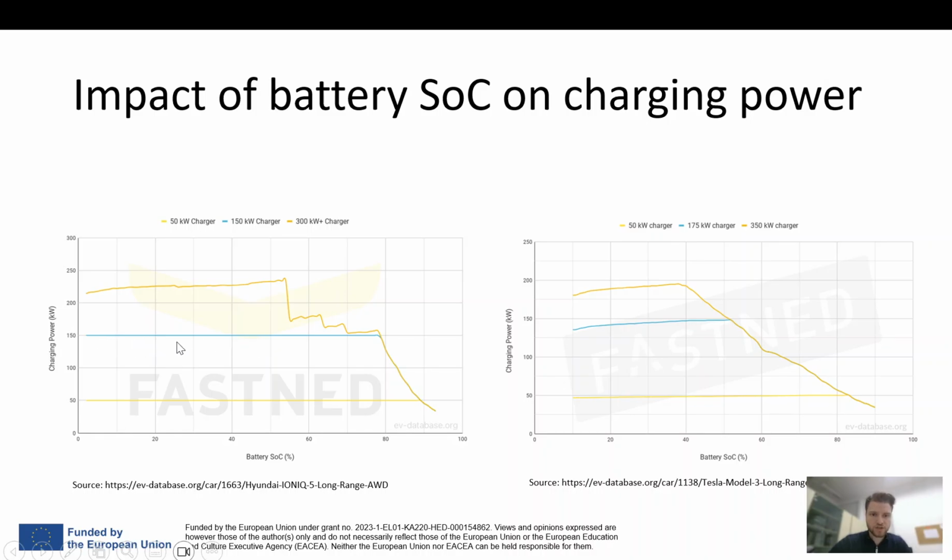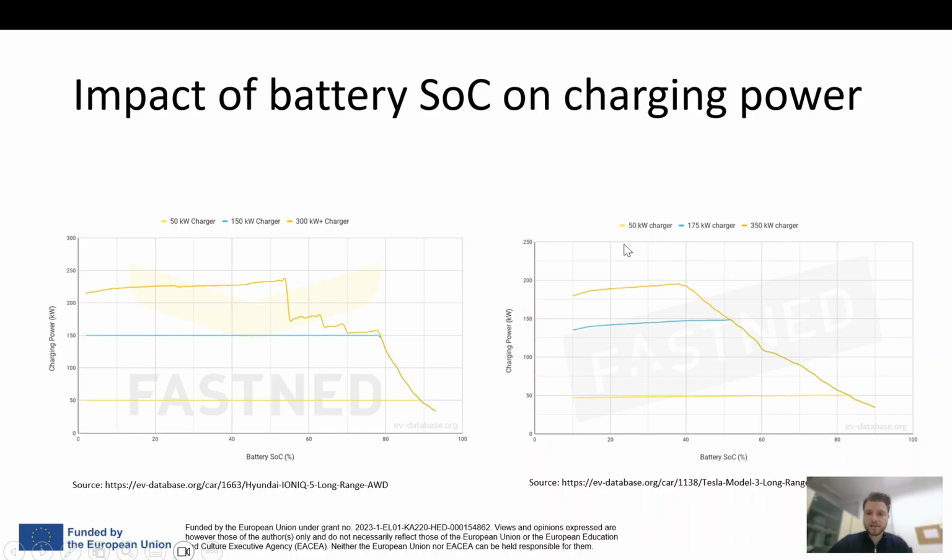So this blue line shows that the electric vehicle charges with a constant power until it reaches this 80% threshold, after which it reduces the power significantly. And this is why it's usually quite faster to charge the electric vehicle until the 80% state of charge limit. After this, the charging power is reduced, and the power that is drawn from the distribution grid is reduced.